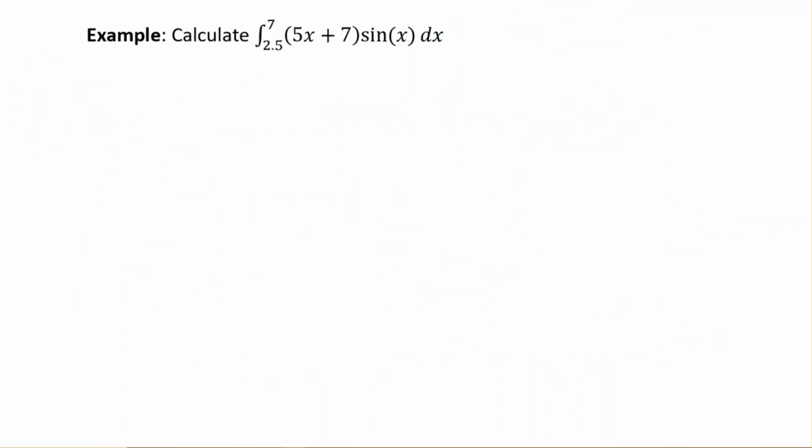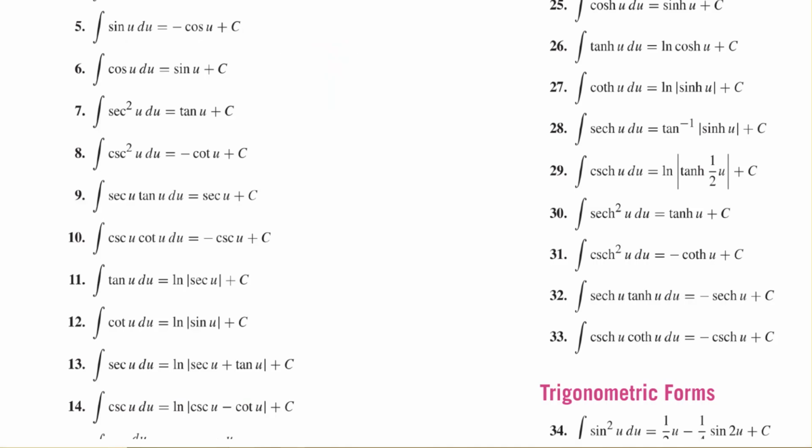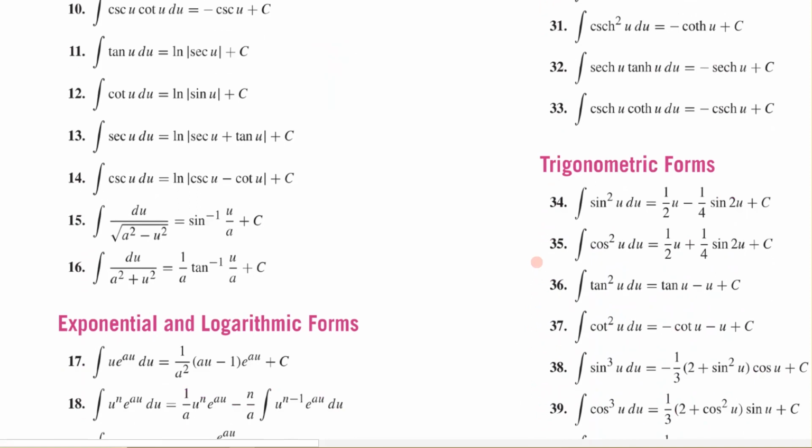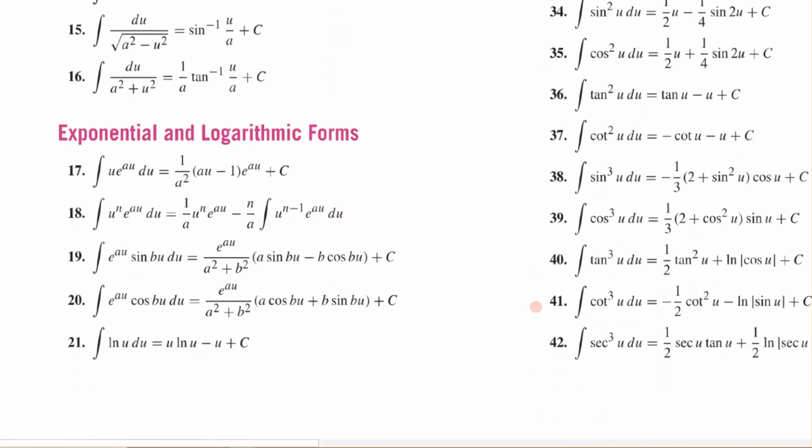All right, let's try a definite integral using the table of formulas. So in this one, we notice that we have the integral of 5x plus 7 times sine x dx. If I scroll through my list of the formulas, I don't see anything that involves that form.